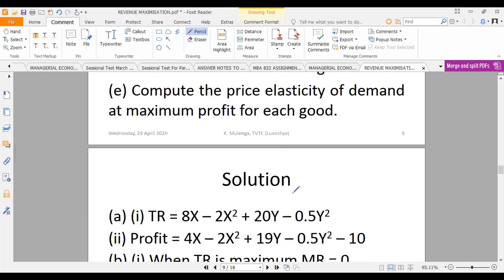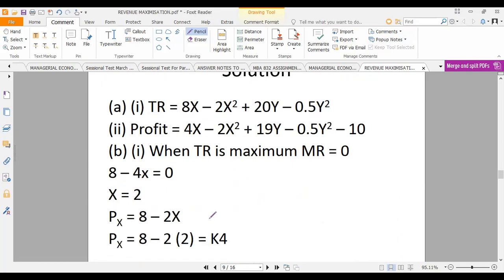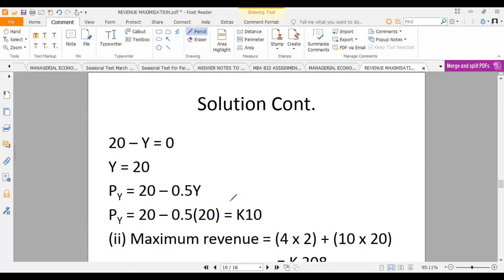Okay, so let's see. Here we found 4 kwacha and how many units? 2 units. Here you find 10 kwacha and how many? 20. That's correct.